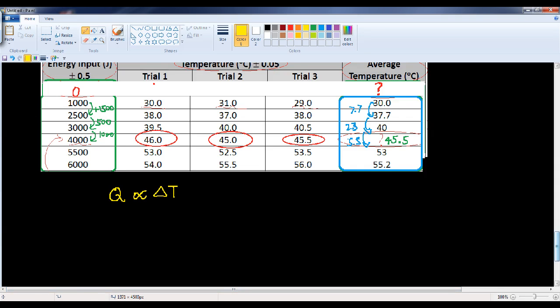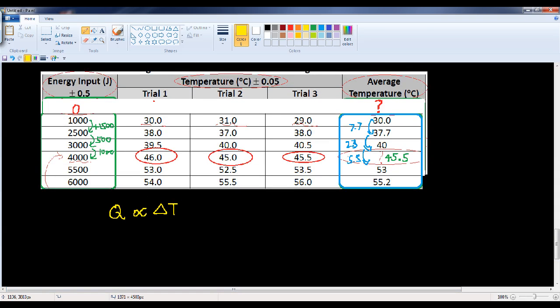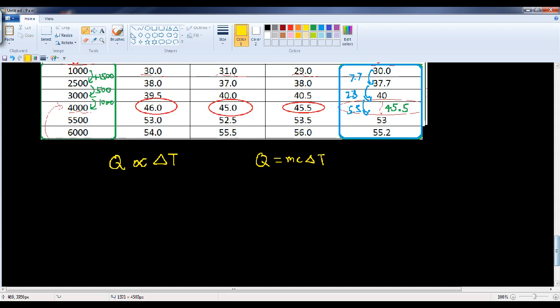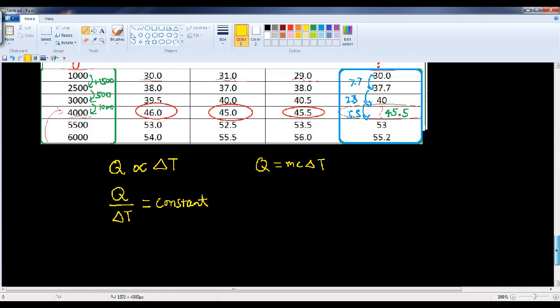That makes sense. Why? Because we know we have a formula like this. If there's no change in mass and the heat capacity, that means Q will be directly proportional to the change in temperature. So what does it mean when Q is directly proportional to the change in temperature? That means Q divided by T should be a constant. Let's see how we could use this assumption.